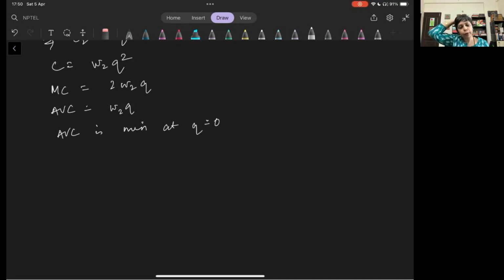So for any value of Q greater than or equal to 0, the firm is going to produce. This is just a check. So the firm produces at Q greater than or equal to 0.